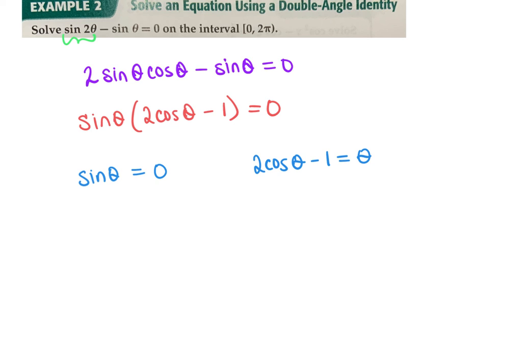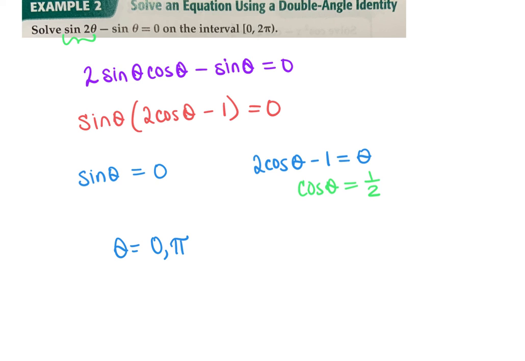What angle gives me a sine value of 0 from 0 to 2 pi? Where do I have a sine value of 0 on the unit circle? Yeah, at theta equals 0 and theta equals pi. Everybody agree? That's where I have that. All right, on the other side of this, add 1, divide by 2. I have a cosine equal to positive 1/2.